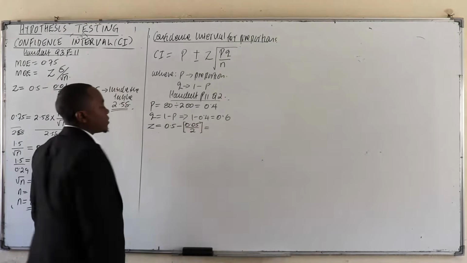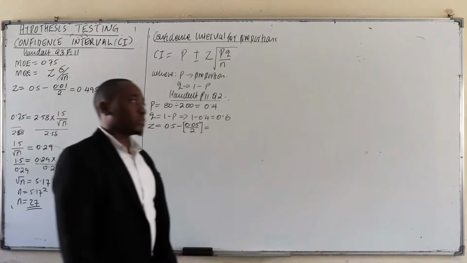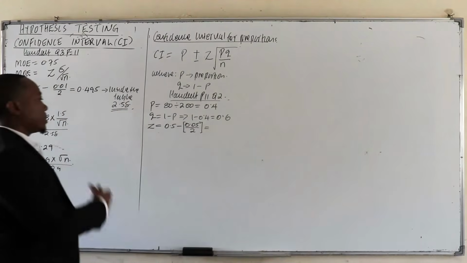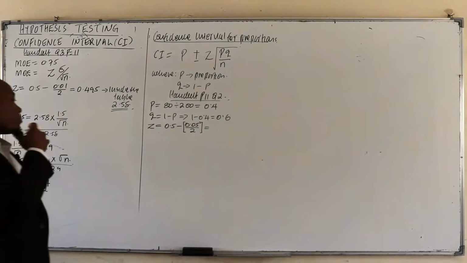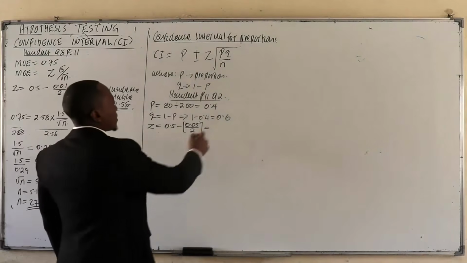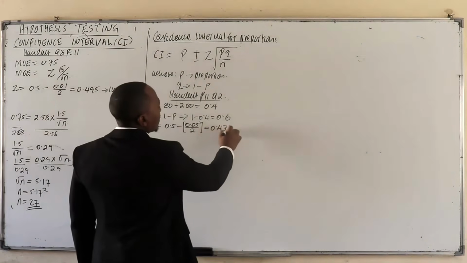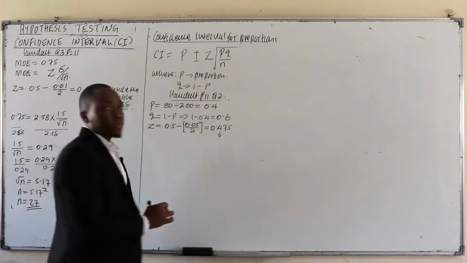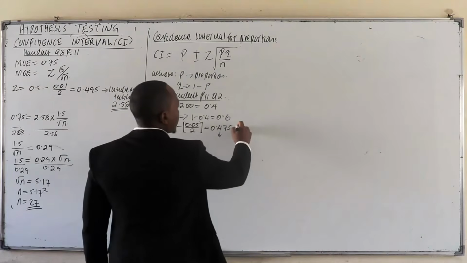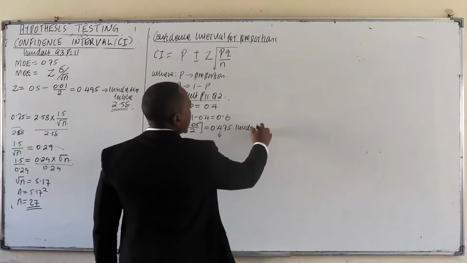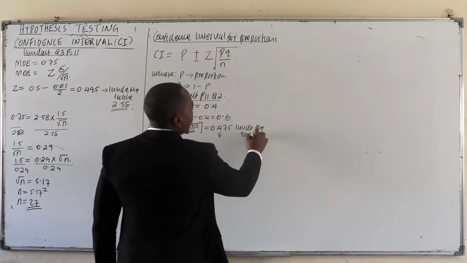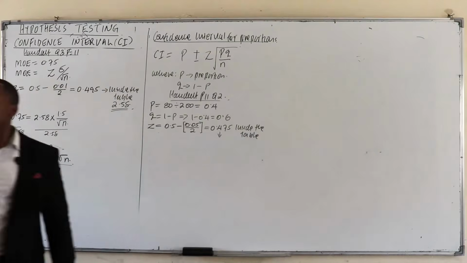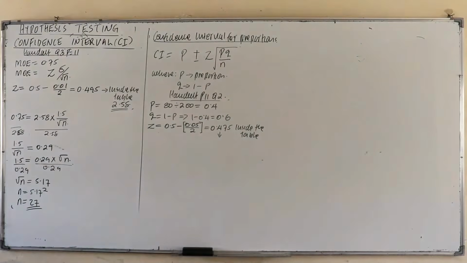Give me that. 0.475. Then inside the table, let's go to the Z distribution table, 0.475. Is it 1.96?